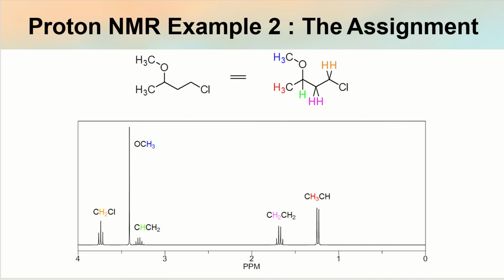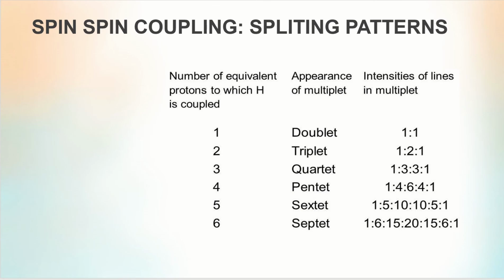All right, so let's count it properly. So we have 2 here, 3 plus 2, that's equal to 5. So here we have 5 neighboring protons, right? So that means that we should have a sextet, which means that we should have 1, 2, 3, 4, 5, 6 lines.